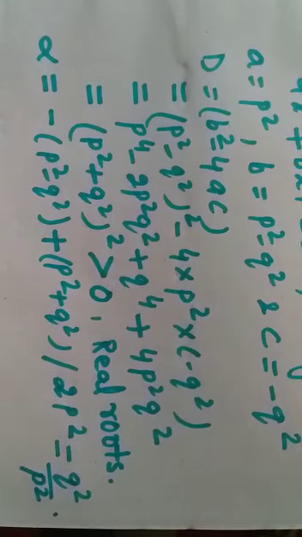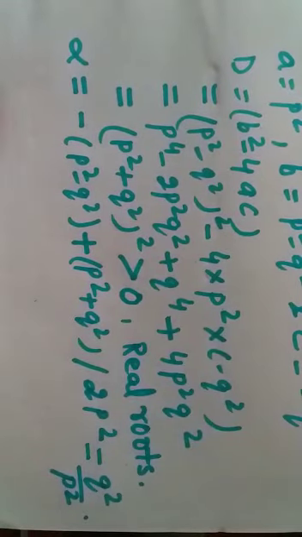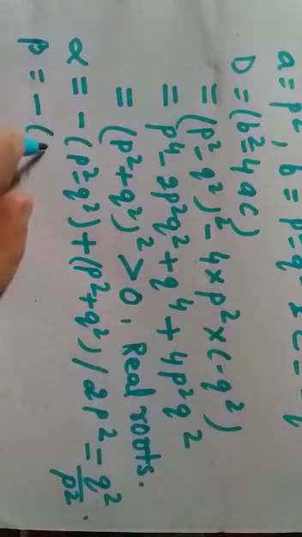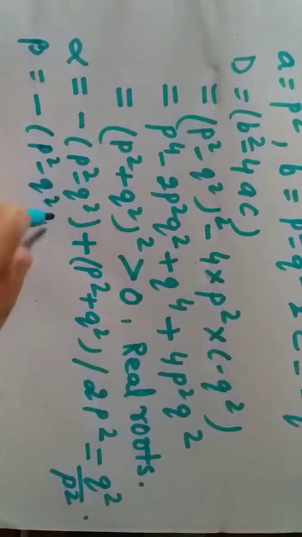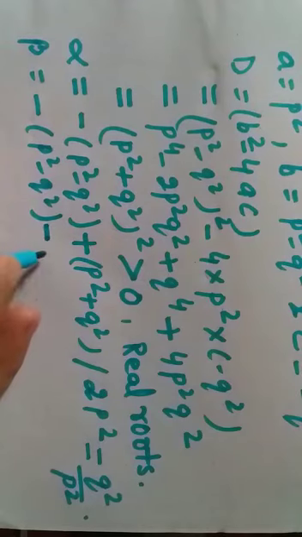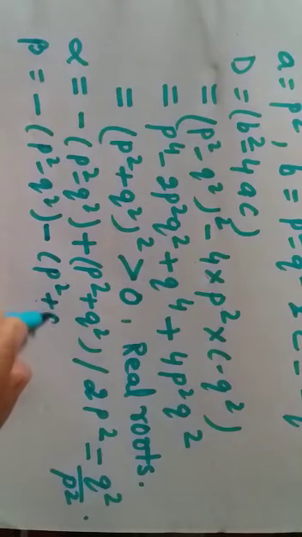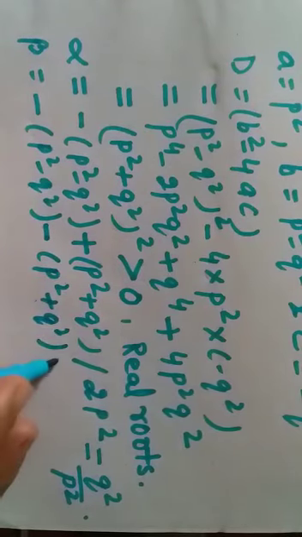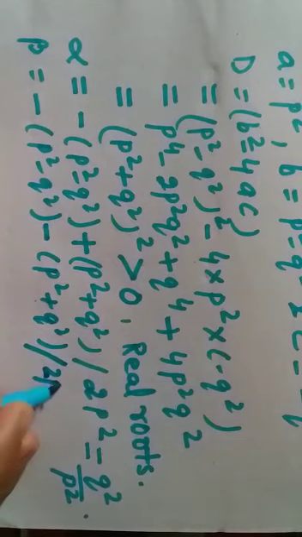Similarly, beta. Beta will be as it is, minus (p square minus q square), and instead of plus we will write minus, again p square plus q square by 2p square.